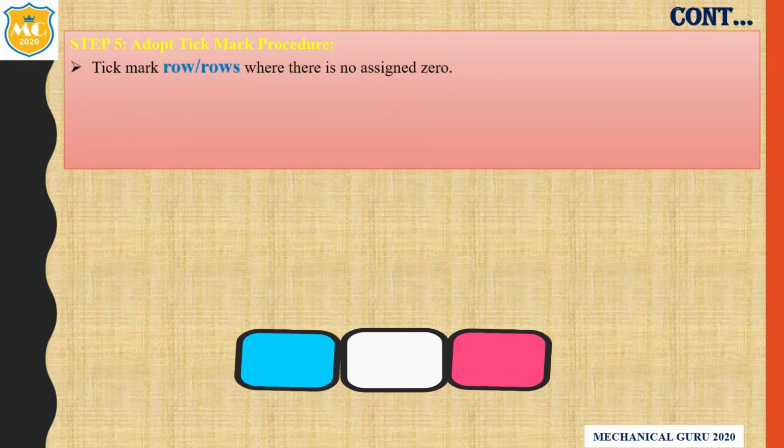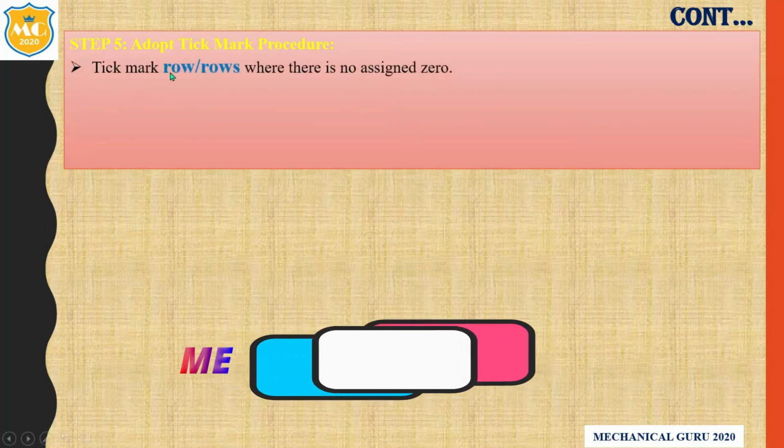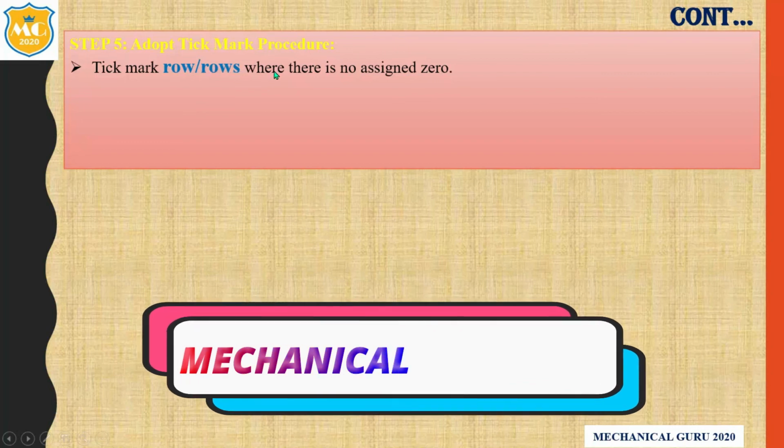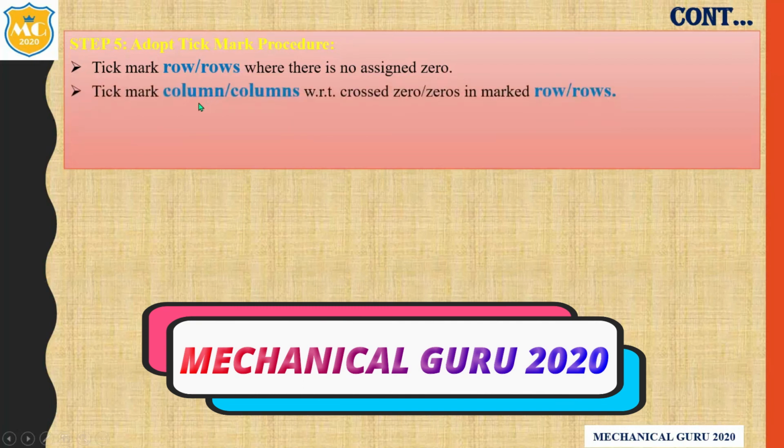that is adopt tick mark procedure. So again in that we have to follow some points. So the first point, tick mark the row or rows where there is no assigned zero. Next, tick mark columns with respect to crossed zeros in a marked row or rows.